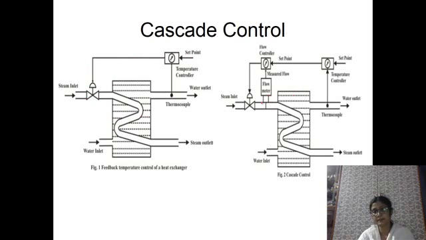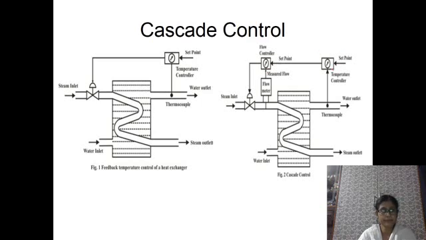This is the arrangement of cascading, where along with this existing feedback control system, there is an internal control system where the steam flow rate is measured, and a flow controller is there.